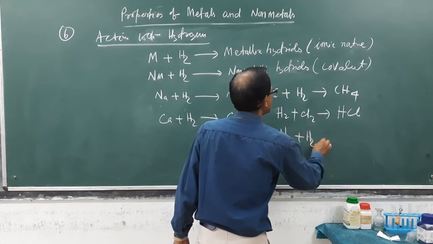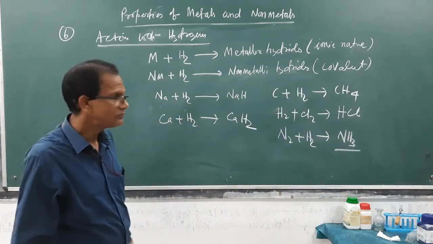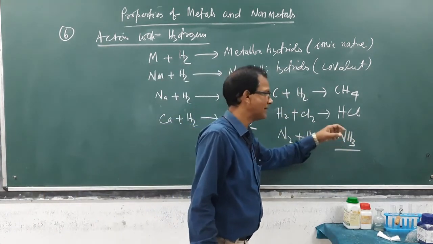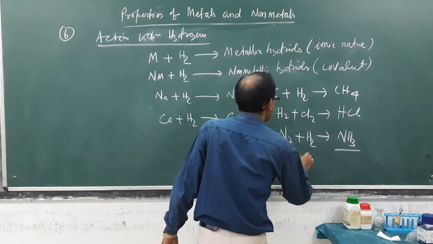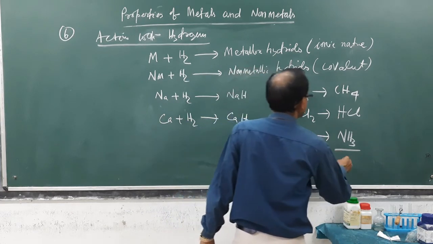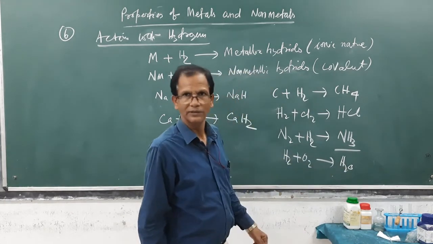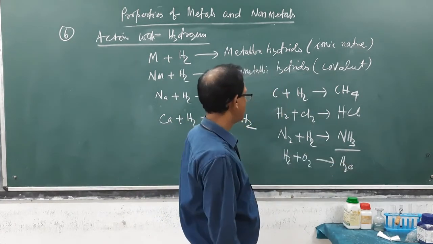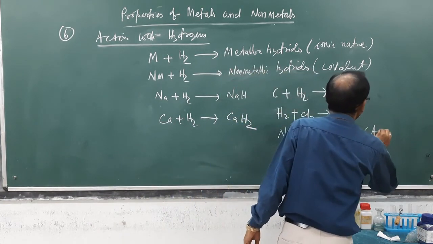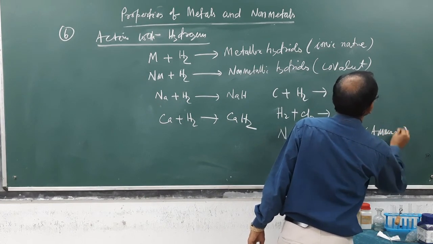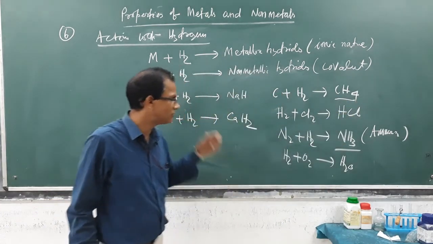Nitrogen plus hydrogen produces non-metallic hydrides, NH3. Similarly, hydrogen with oxygen, that is water. So these are examples of non-metal hydrides. Hydrides of oxygen, hydrides of nitrogen, this is called ammonia. Hydrochloric acid, methane. We see the difference.